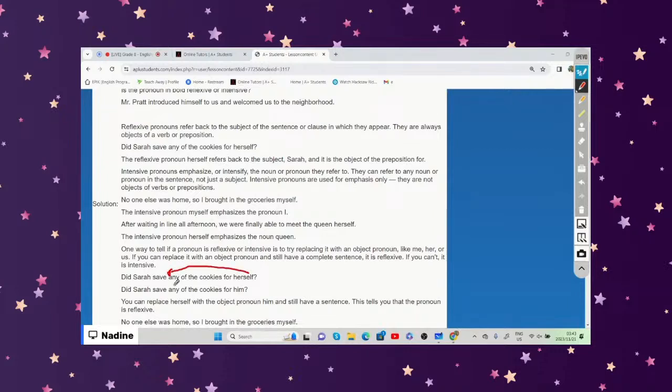Because it's like, did Sarah save any cookies for herself? So she's referring back to herself. But with, did Sarah save any of the cookies for him, him refers to someone else, which means that this is not a reflexive pronoun.